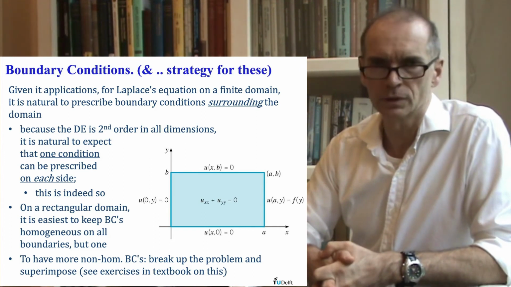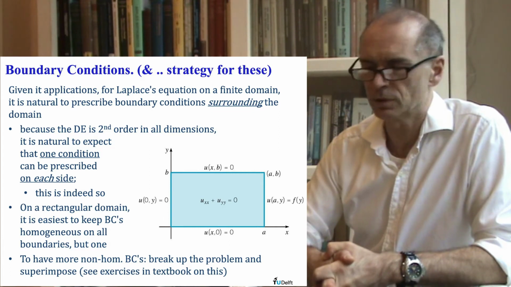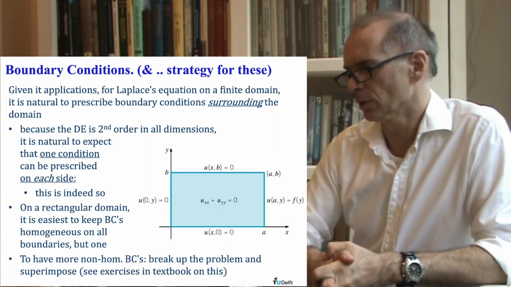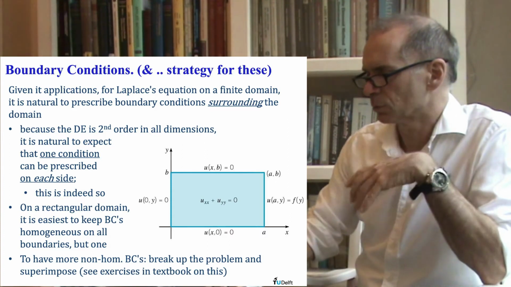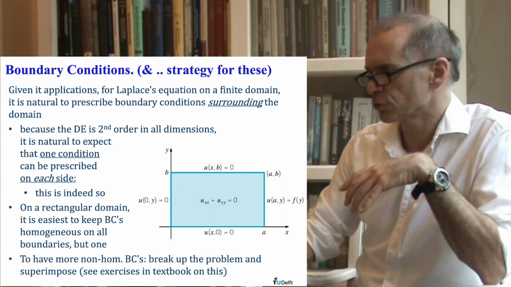So we would have the Dirichlet conditions again, prescribing the value of the unknown variable, which could be a temperature distribution u here, but we would prescribe it at all sides of the domain.